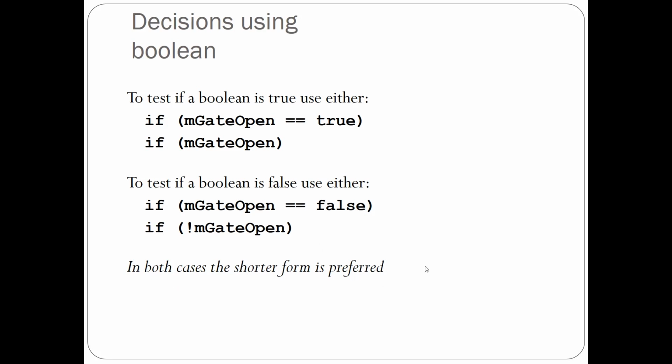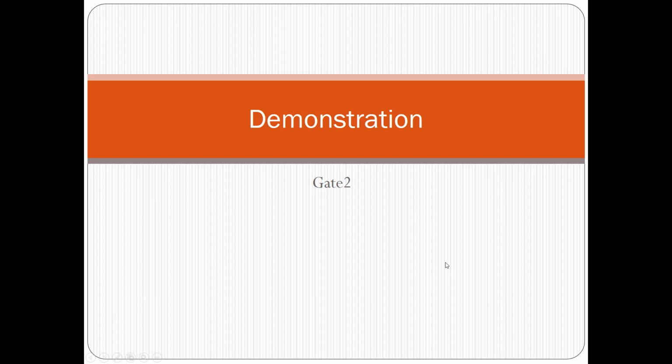The shorter form generally is preferred. I certainly don't think your computer will catch fire, or that you're going to get arrested for using the longhand version. But if you feel more confident, then there's no reason not to use it. So let's try and put that in a little bit more context, and let's look at the gate2 example.